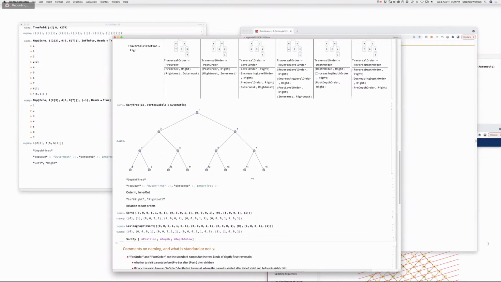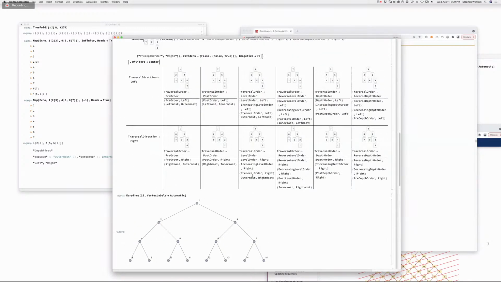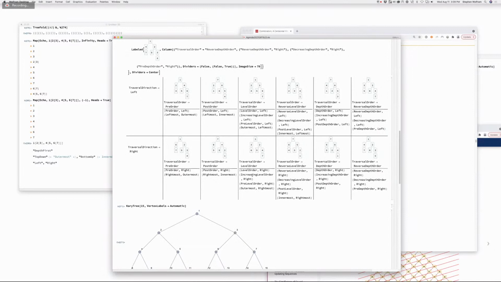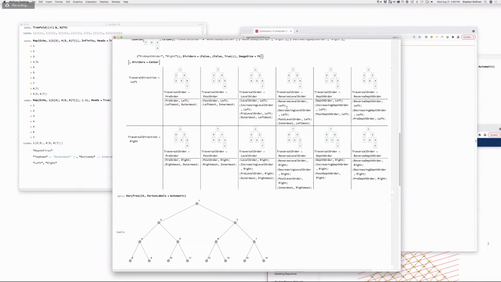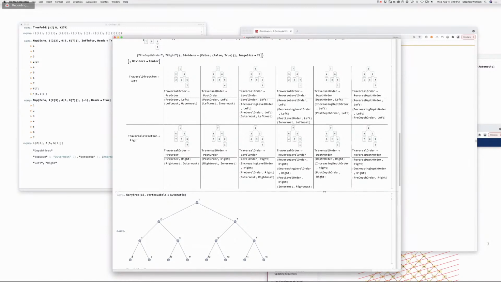Okay, let's zoom out for a second to what we're looking at. I'm basically buying your claim that we should have a bunch of named traversal orders. I'm saying that they should work for map as well. I'm wondering whether there is a concept of those traversal orders for sort. What do I mean by that?